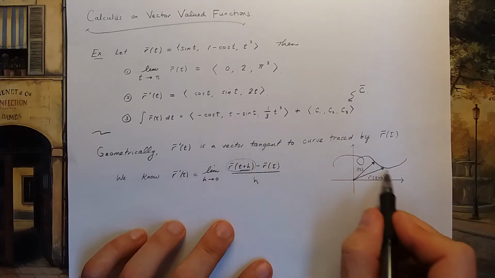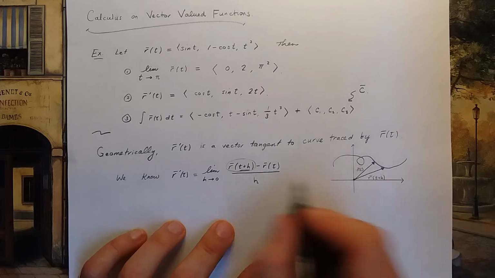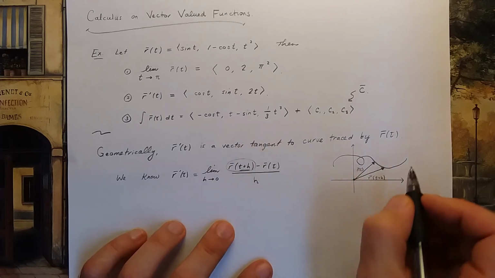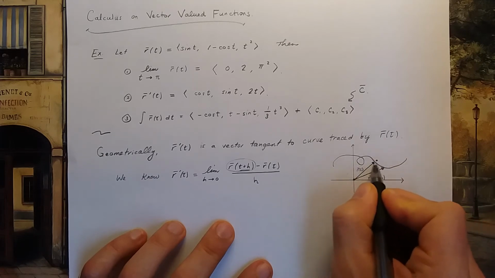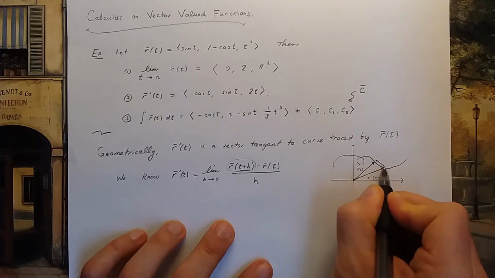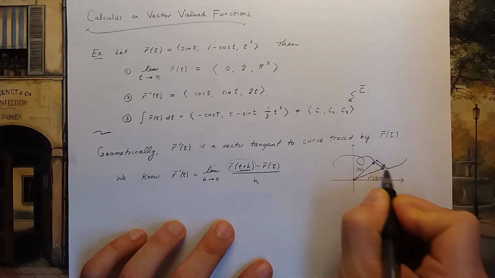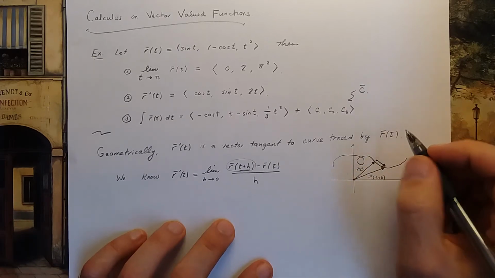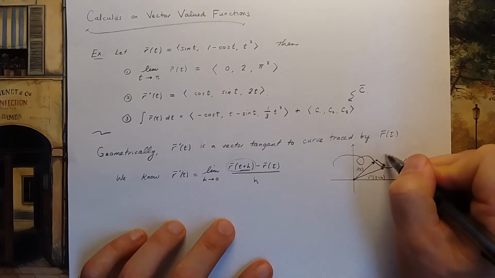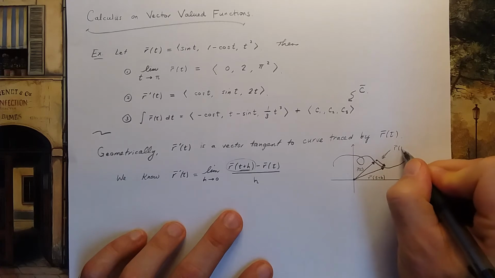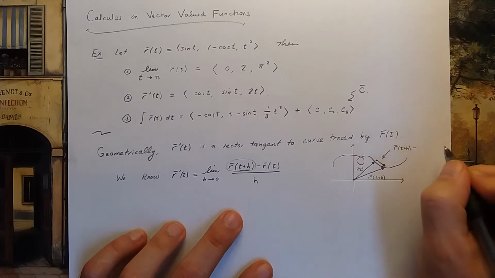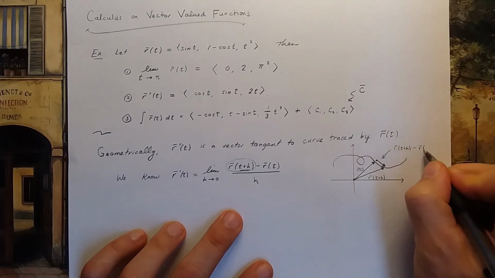When I subtract these two vectors, I get a vector that starts in this place on the curve and ends over here. This vector is r of t plus h minus r of t.